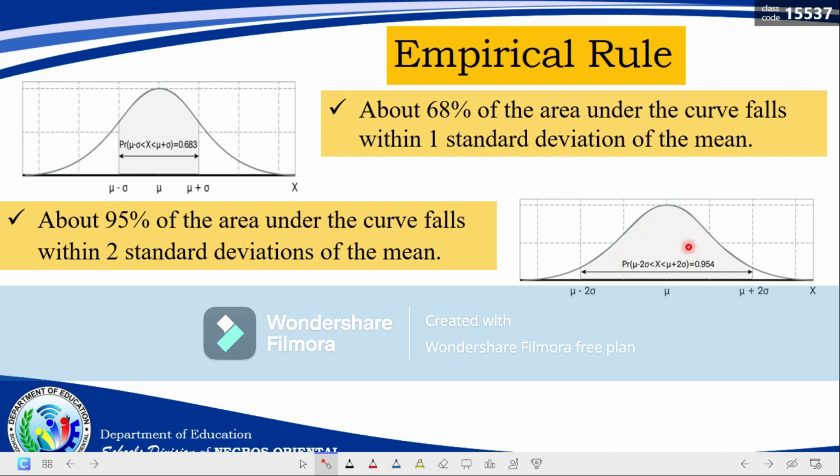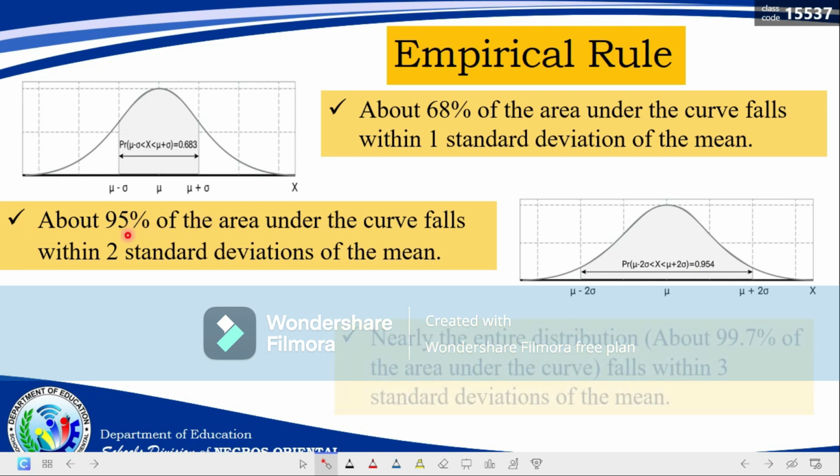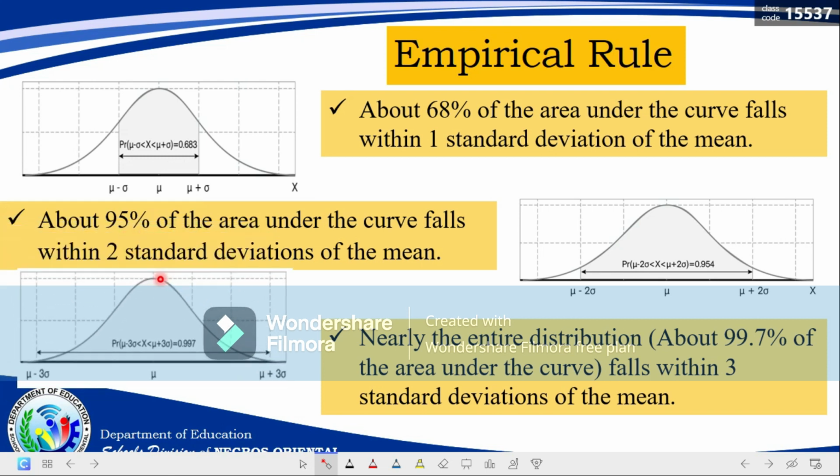That is the area. The probability if x is greater than mean minus 2 times the standard deviation, but less than mean plus 2 times the standard deviation is 0.954. And if we express that in percent, that is equivalent to 95%. Okay, let's proceed to the third one.